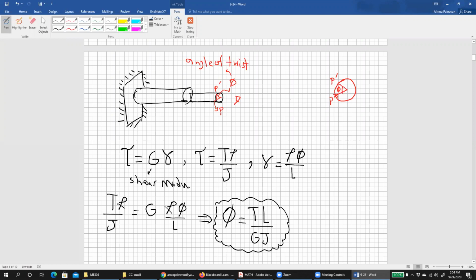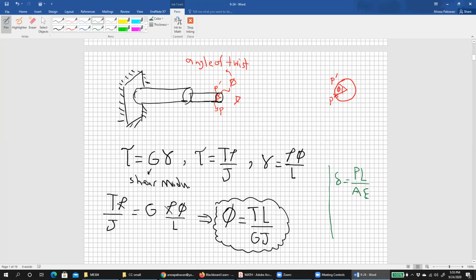So it's very interesting. Let me recall something. Do you remember in the chapter for axial force, we have delta equals PL over AE? This is scratch work, you don't need to copy it. Now compare.